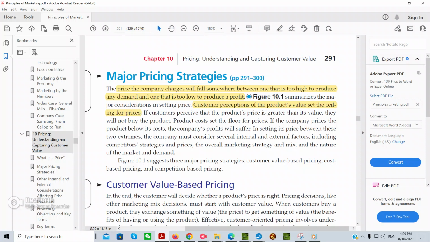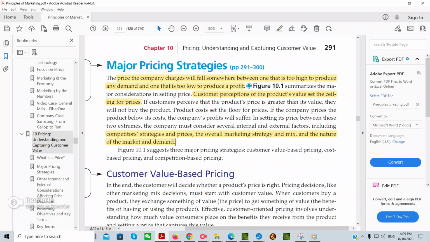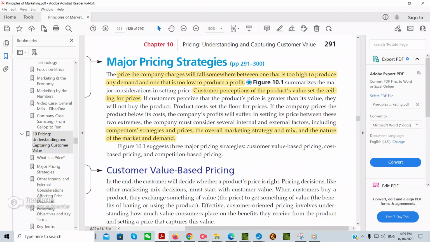In setting its price between these two extremes, the company must consider several internal and external factors, including competitors' strategies and prices, the overall marketing strategy and mix, and the nature of the market and demand.